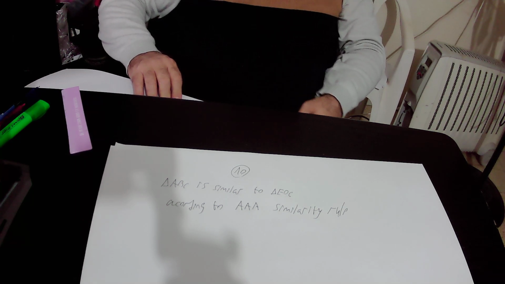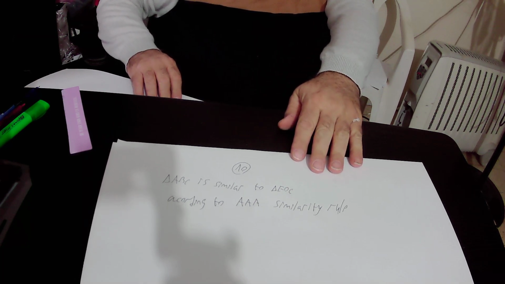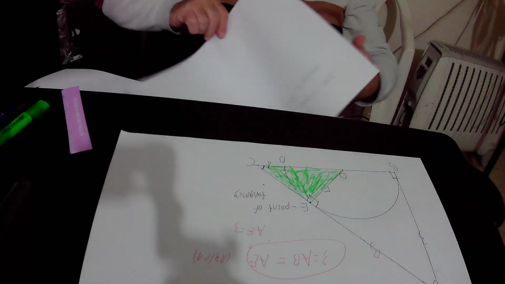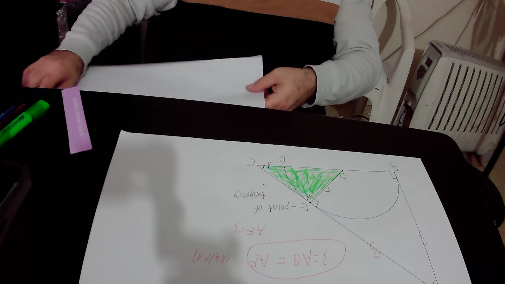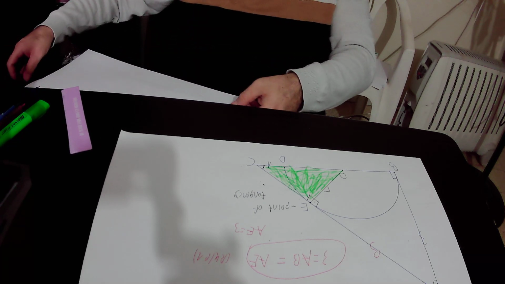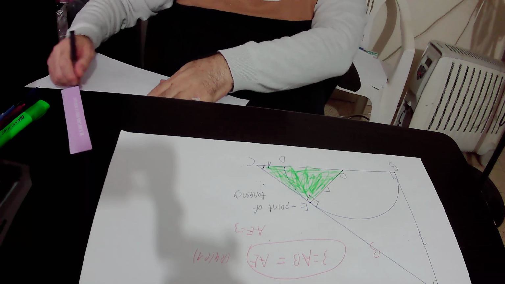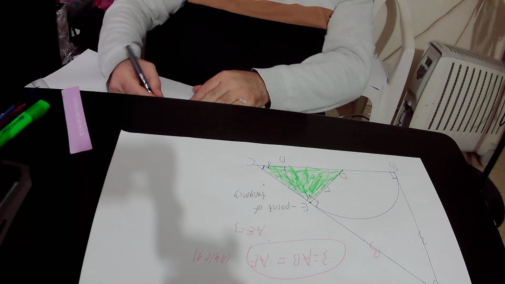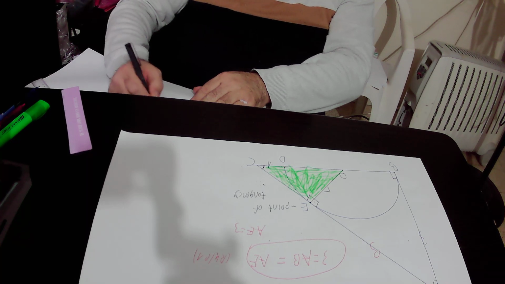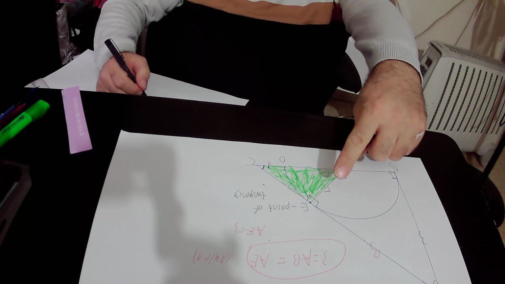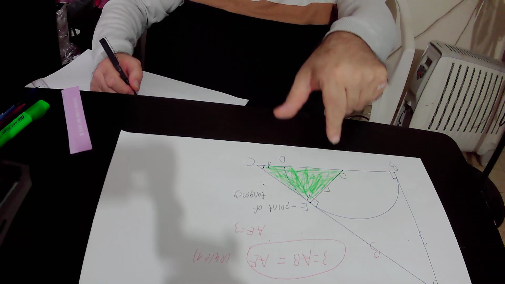So from the fact that triangle ABC is similar to triangle EOC, we will conclude the following formula. It's true that AB over AC equals OE over OC.